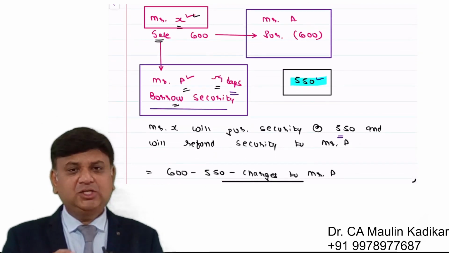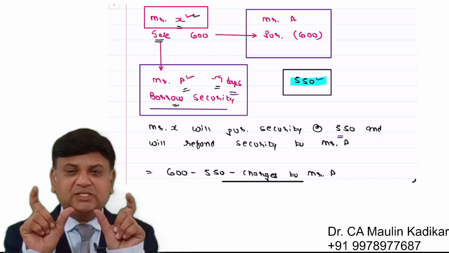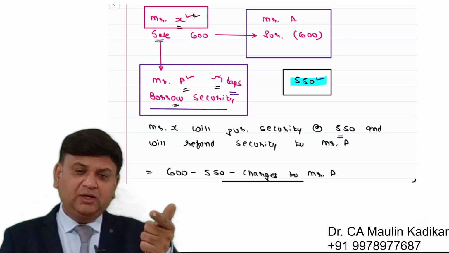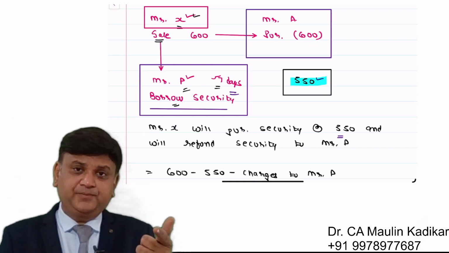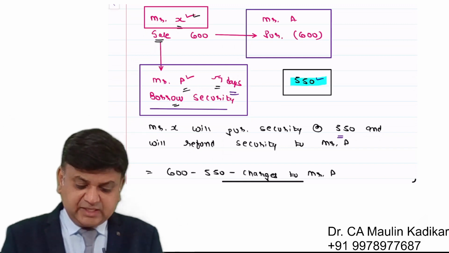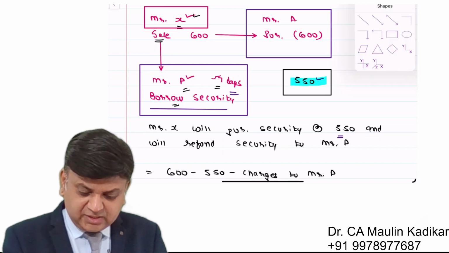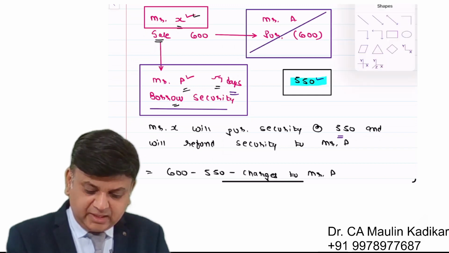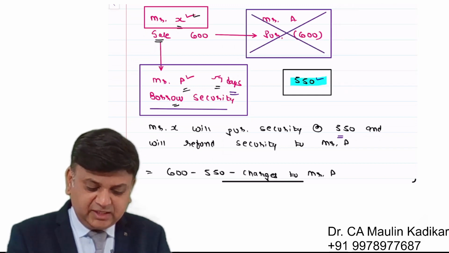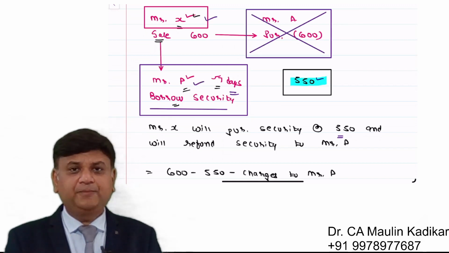In that case, you will borrow a stock for a specific time period, and this stock you will first of all deliver to the trader who has entered into the transaction for purchase. So basically, the trader who has entered into the transaction for purchase is immediately going out of the market. Now, you and the lender of the security will remain.